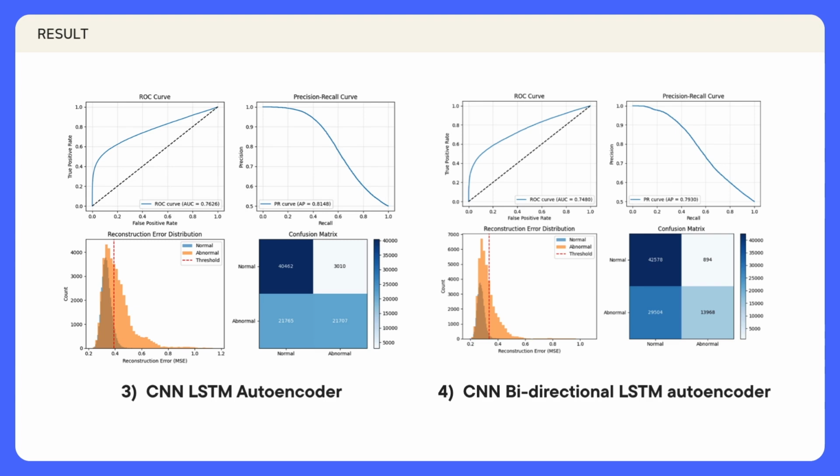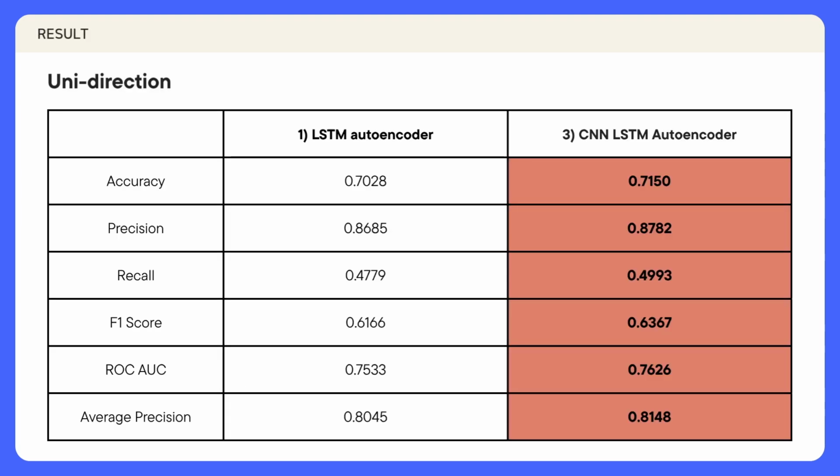The left diagram depicts the unidirectional CNN LSTM autoencoder, and the right diagram shows the bidirectional CNN LSTM autoencoder. We added a CNN layer to the LSTM autoencoder proposed in the reference paper so that local time-frequency patterns of the acoustic signal would be extracted first, allowing the LSTM to learn more meaningful temporal information.